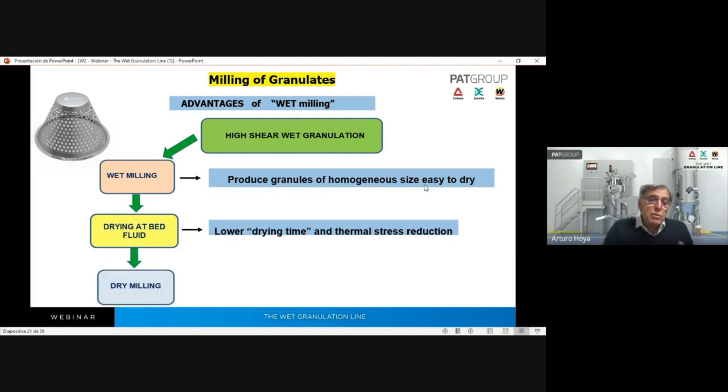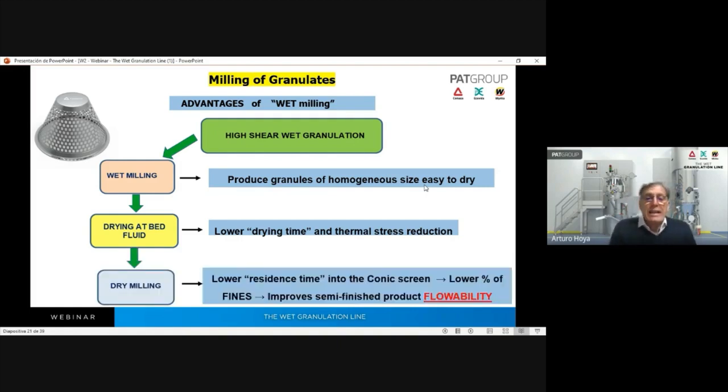And then, of course, you need to do dry milling, and in this case, the lower residence times in the conic screen will produce a lower percentage of fines. So this improves the flowability of the product obtained.